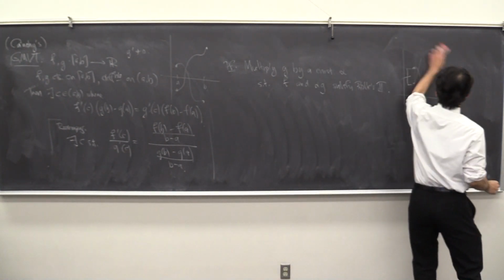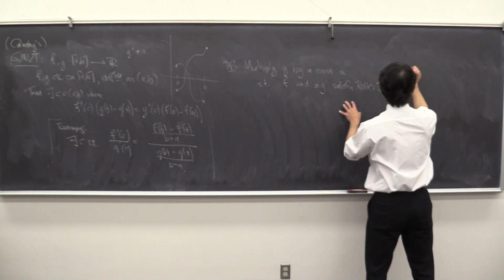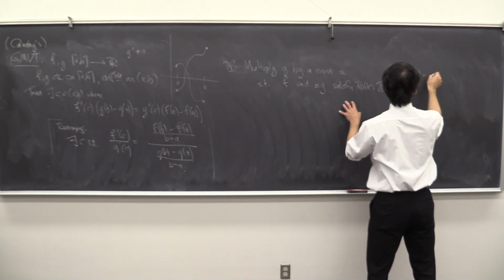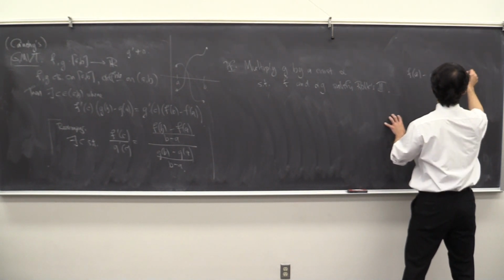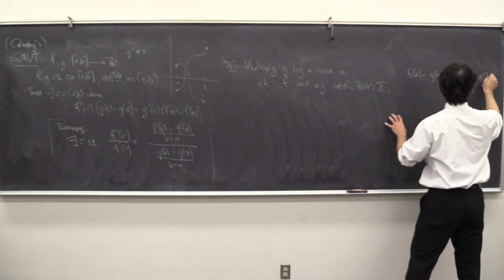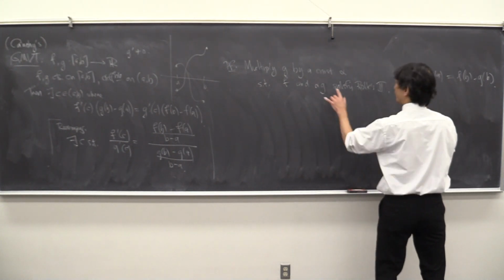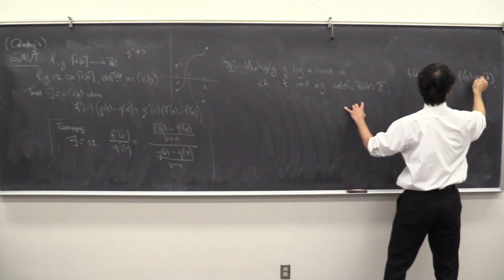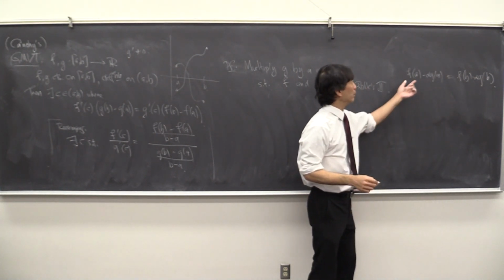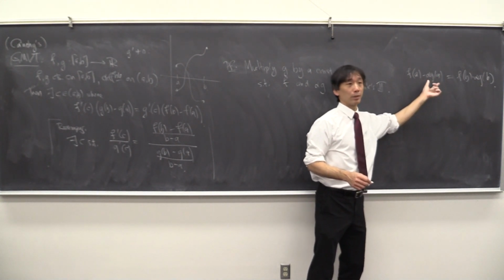Remember what Rolle's theorem 2 demanded: you wanted f of a minus g of a to equal f of b minus g of b. So we want to find a constant alpha so that this happens.